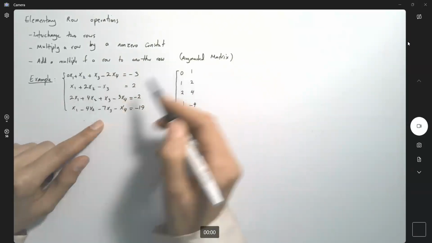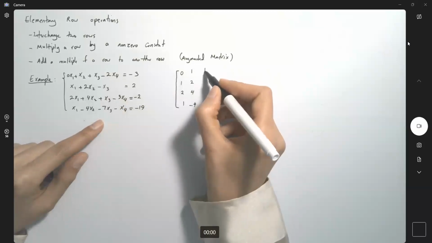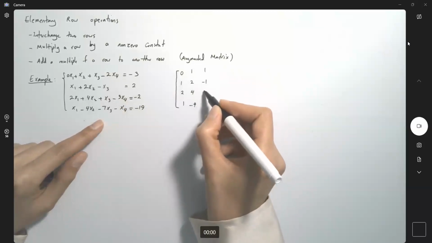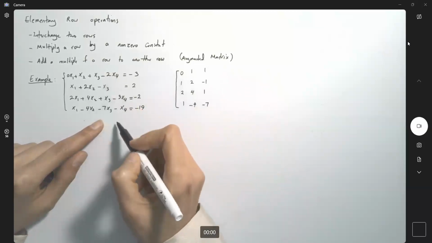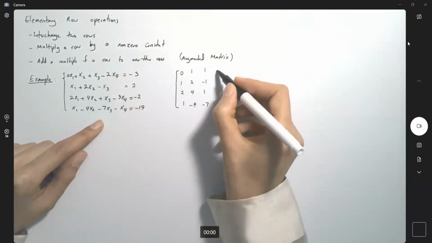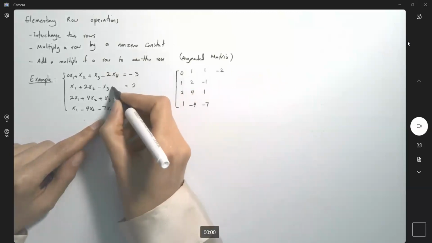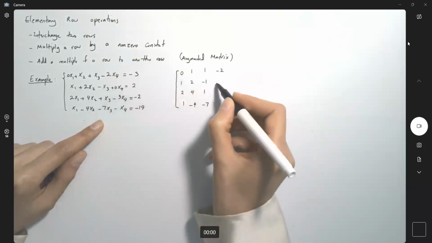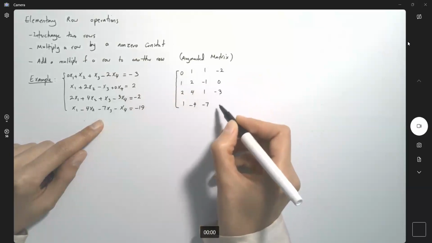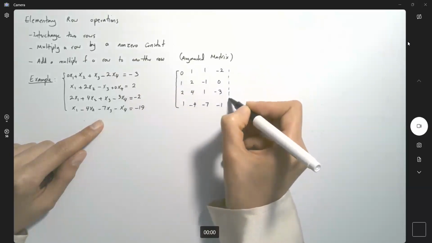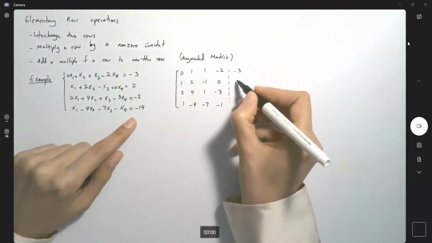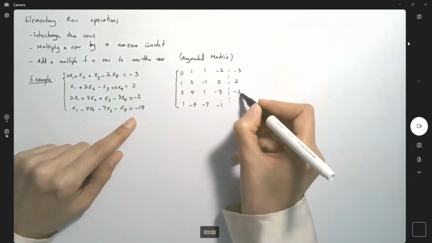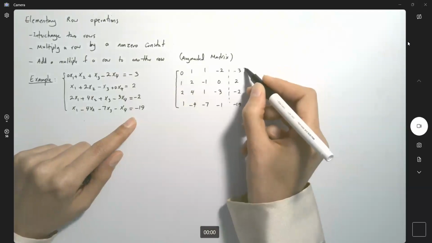The third column, coefficient of x3, which are 1, negative 1, 1, and negative 7. And the fourth column are the coefficient of x4, negative 2. This guy doesn't have x4, so this is a 0, negative 3, negative 1, and the very last column are the constants, negative 3, 2, negative 2, and negative 19.